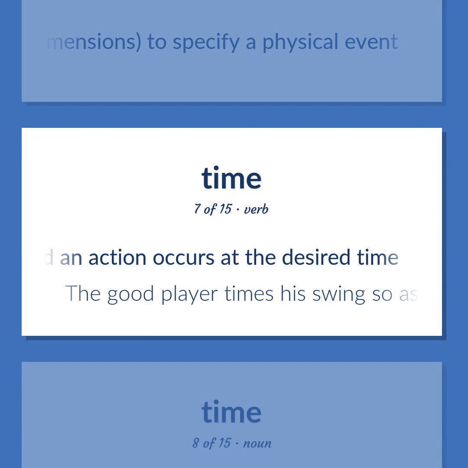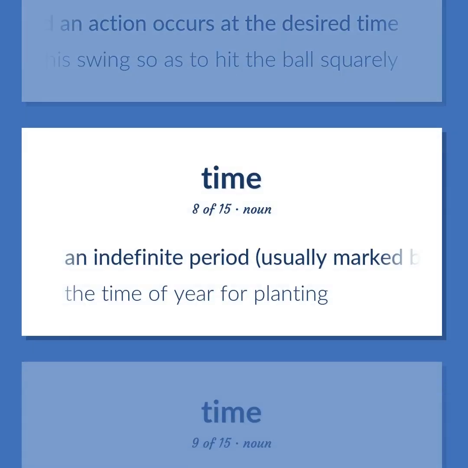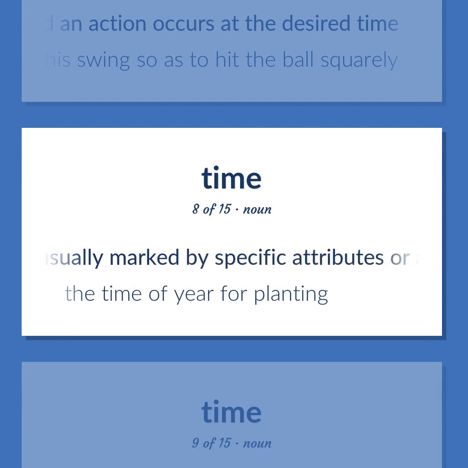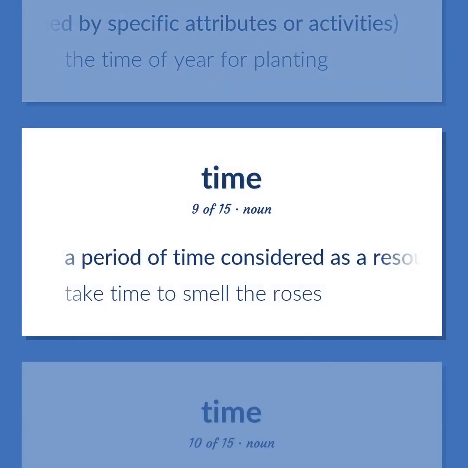The good player times his swing so as to hit the ball squarely. An indefinite period, usually marked by specific attributes or activities. The time of year for planting. A period of time considered as a resource under your control and sufficient to accomplish something. Take time to smell the roses.